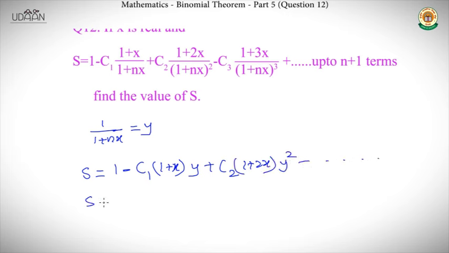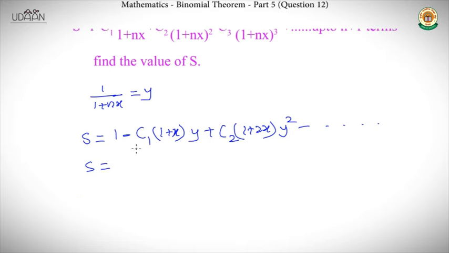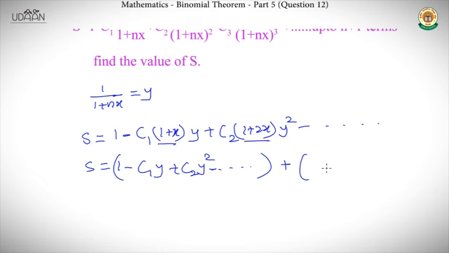We multiply y into the bracket, so we get two series by multiplying the term with x and with 1. 1 minus c1 y plus c2 y square, like this, plus we multiply y by the second term in every bracket: minus c1 x y plus c2 2x y square, like this.